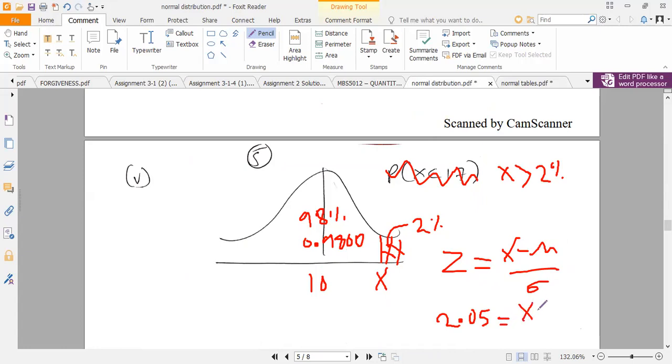Our mean is what? 10. And our standard deviation is what? 3. So try to cross multiply. Let's solve for X.